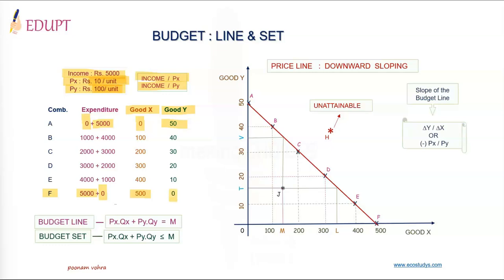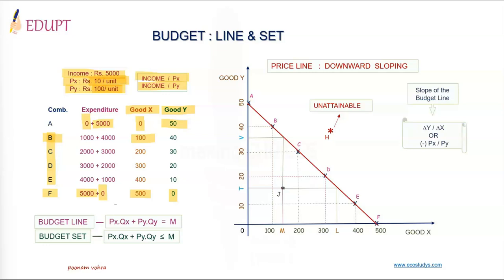If the consumer decides to spend whole of his income for the consumption of both goods, then there are different combinations. Combination B would mean that the consumer is willing to have additional 100 units of X. To buy additional 100 units of X, he has to sacrifice some units of Y because income is limited.